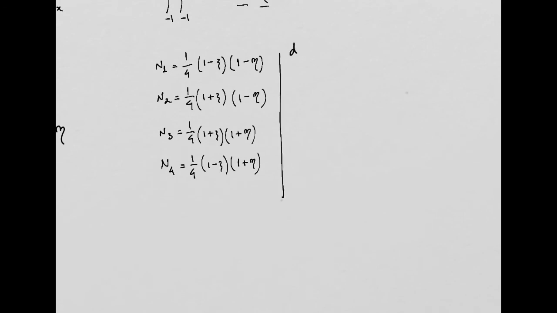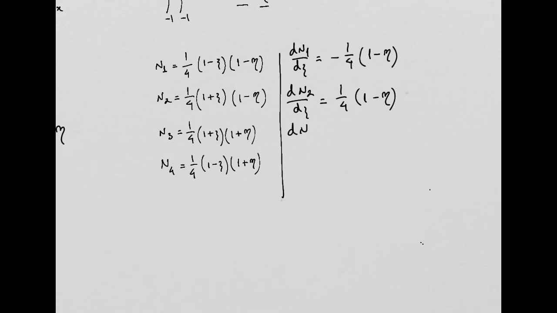So the derivative of shape function number 1 in order to xi is going to be minus 1 over 4 times 1 minus eta, isn't it? Yeah? Does it make sense? The derivative of N2 in order to xi is going to be equal to 1 over 4 times 1 minus eta.